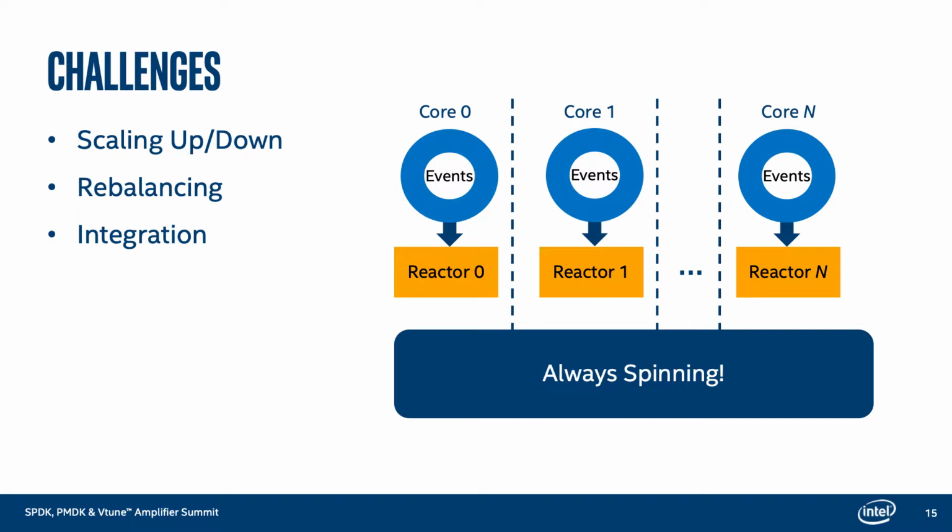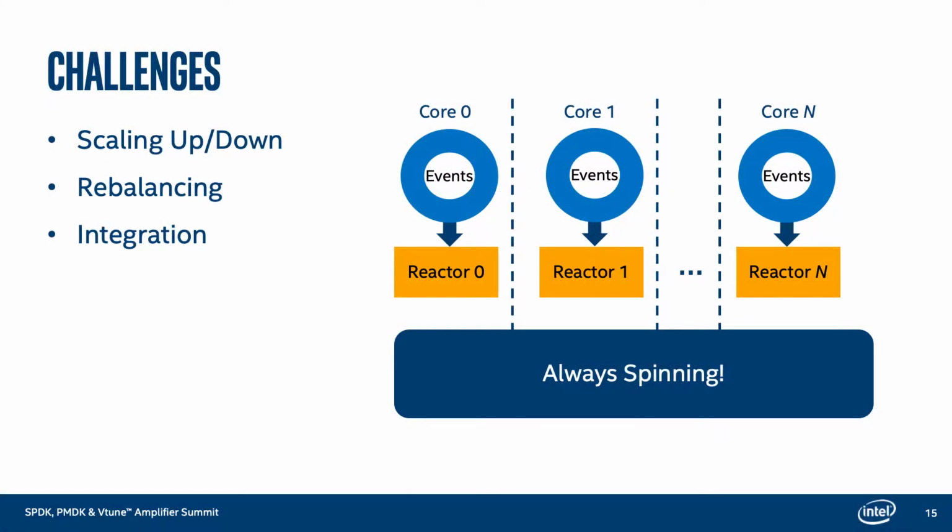The goal is to use up to a certain number of cores that you've given it when you're busy. And when you're idle, we want to come back down to as few cores or no cores as we can. And you all understand the benefits of that. We want to save the CPU use, save the power, and potentially give those cores to somebody else who may need them in the moment.